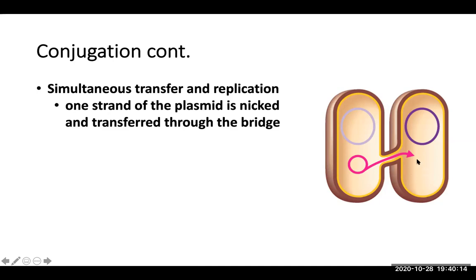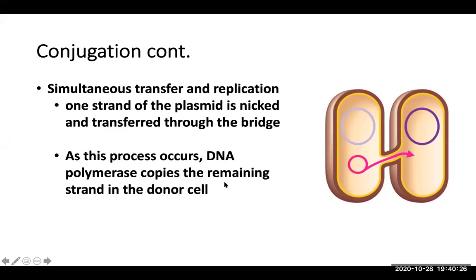And as the recipient receives the copy of the plasmid, it will also immediately start replicating so that it will have a double-stranded plasmid at the end as well. So, simultaneous transfer and replication: one strand of the plasmid in the donor is nicked and transferred through the bridge, simultaneously copying and replacing that copy.